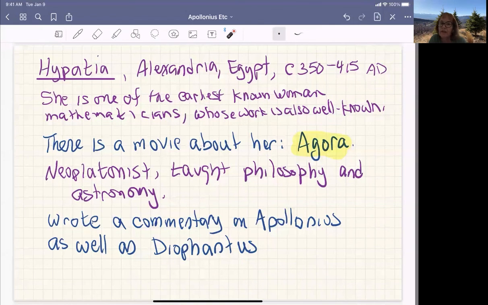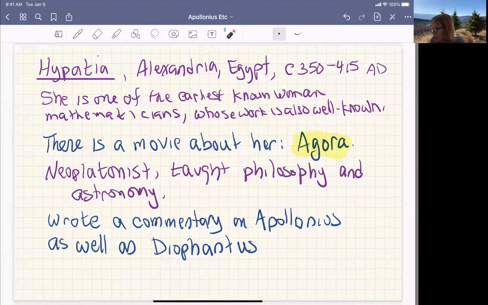Now, if you're at all curious to learn more about Hypatia, there's actually a movie about her. It's called Agora. Now, she was a Neoplatonist, so that was her philosophy. She taught philosophy and astronomy.